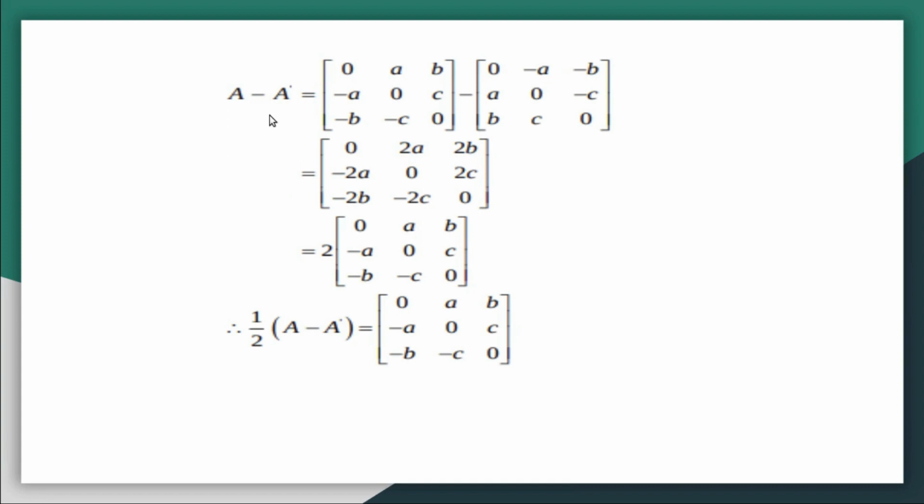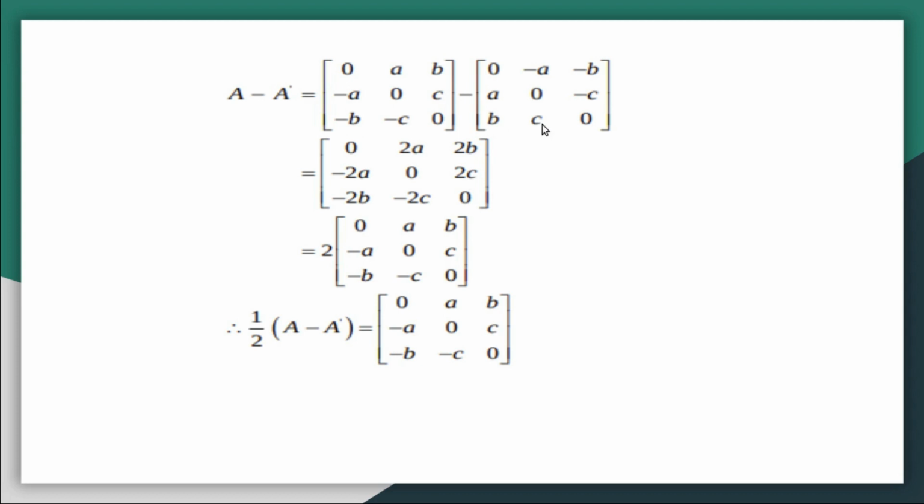Now we have to find A minus A transpose. 0 minus 0 is 0, a minus minus a, that is a plus a, 2a. b minus minus b, b plus b, 2b. Minus a is minus 2a, 0 minus 0 is 0. c minus minus c, that is c plus c, 2c. Minus b is minus 2b.